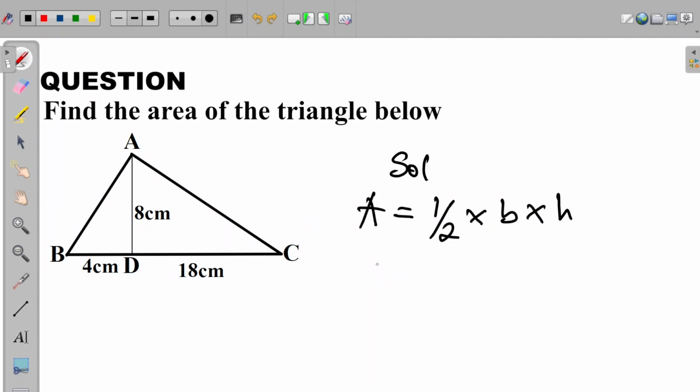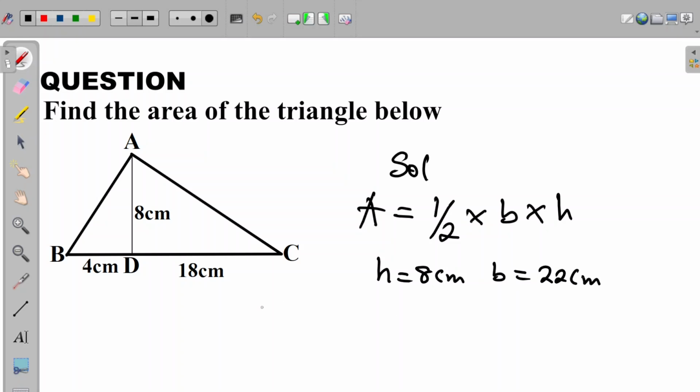Now, from the figure, the height is equal to 8 cm, and the base is equal to the summation of 4 and 18. So 4 plus 18 is 22. So the base is 22 cm.